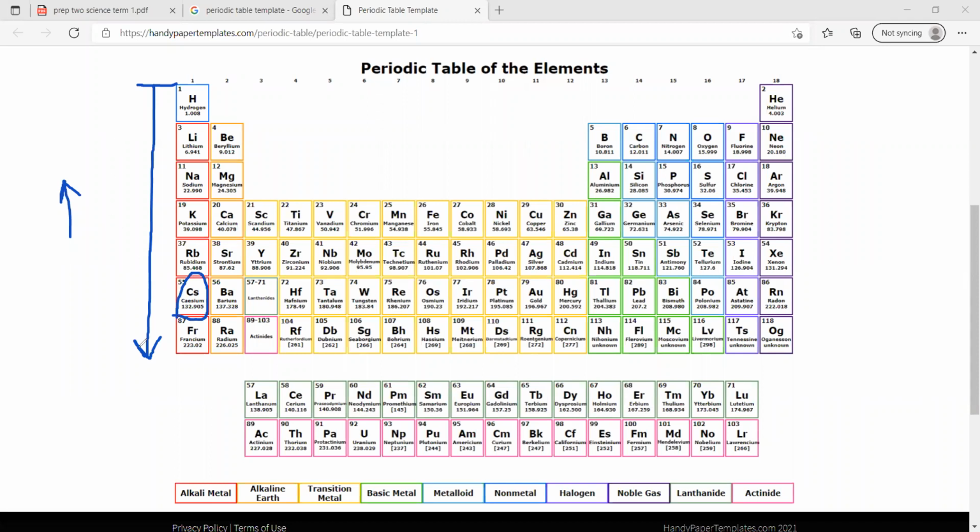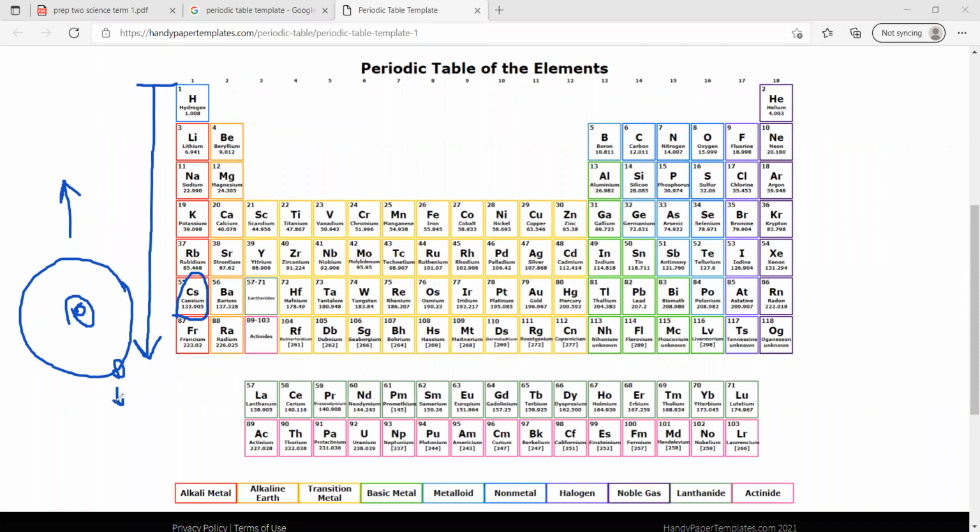When the atomic size increases, it will be easier for the atom to lose the electrons at the outermost energy level. All of them already have one electron. If the atomic size increases and the electron is farther from the nucleus, the attraction force decreases, so they lose this electron easily. So the metallic property will be higher.